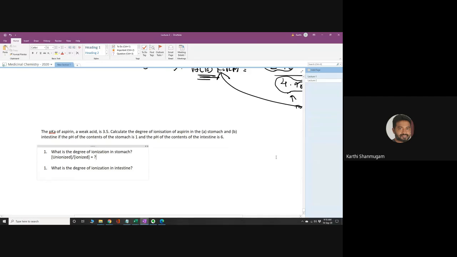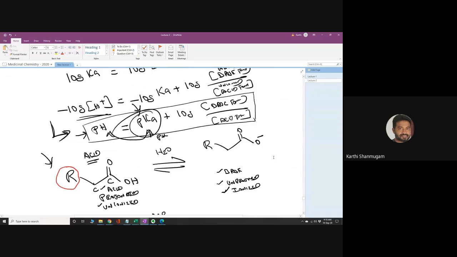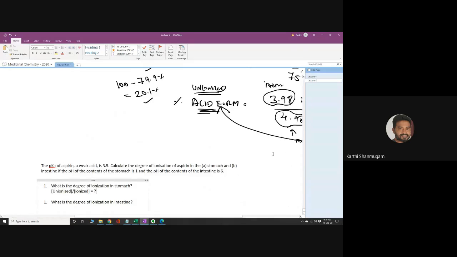The formula is pH is equal to pKa plus log base form over acid form. You can rewrite this equation in different ways, right? So what I need is the degree of ionization of aspirin in the stomach, or you can say the value you got for unionized over ionized.